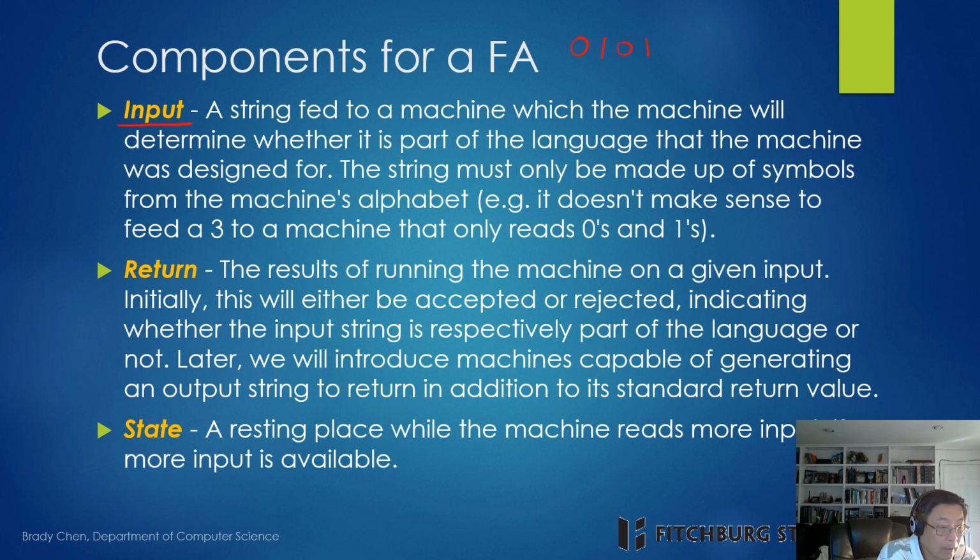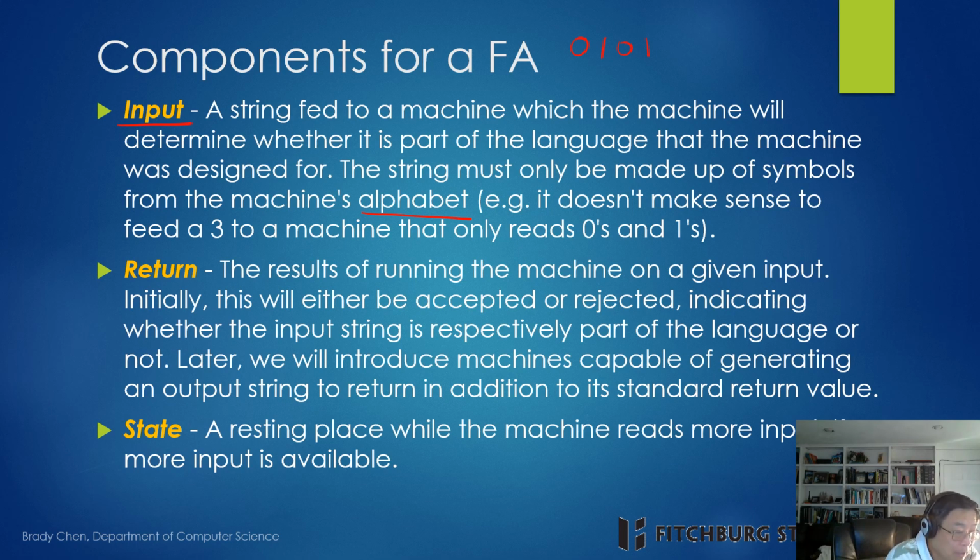Okay, so the purpose for the finite automata is to determine whether this string satisfies the criteria, so it's part of the language we define, right? So the string must only be made up of symbols from the machine's alphabet.